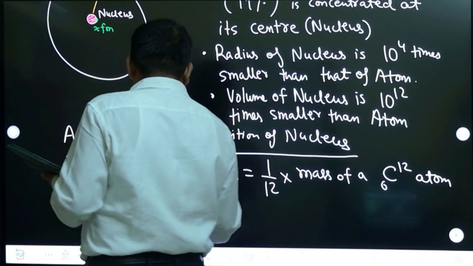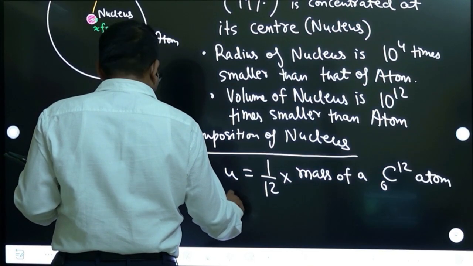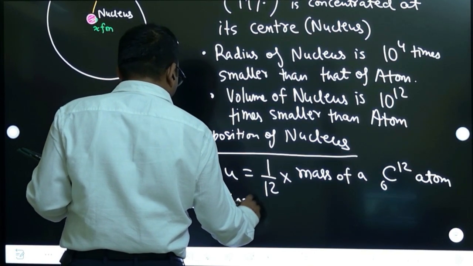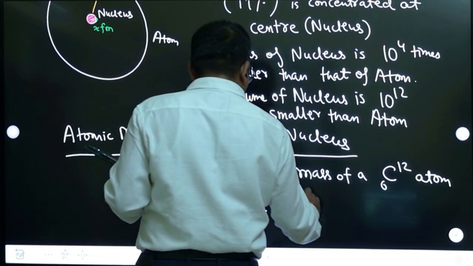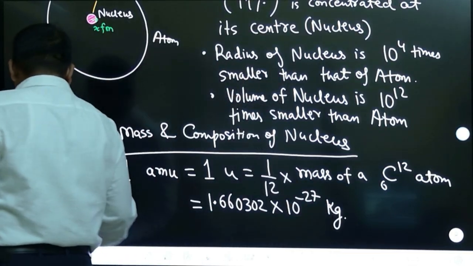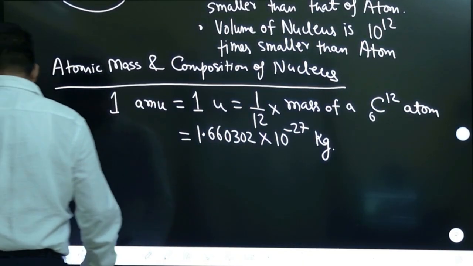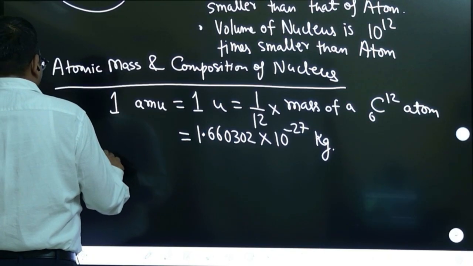Okay, and this atomic mass unit, or 1 u, comes nearly 1.660302 into 10 to the power minus 27 kg. We have to remember this in all calculations.